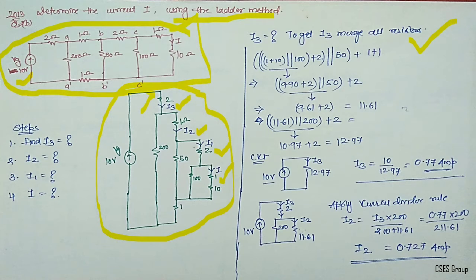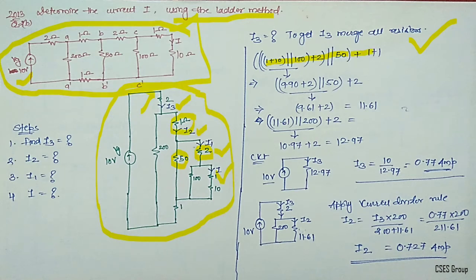Please look here, 1 ohm and this 10 ohm are in series with each other. Whatever comes is in parallel with 100, so that is written here. Whatever comes is in series with 2 ohm, so that is written in this section. Again next it is parallel with 50 ohms, so that is here. Whatever comes is in series with 1 ohm, that is here.